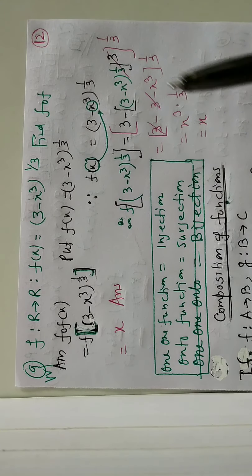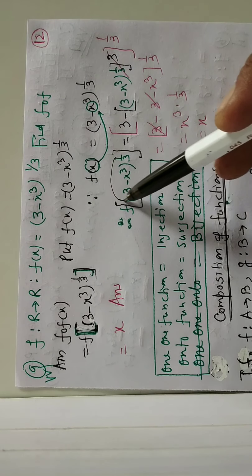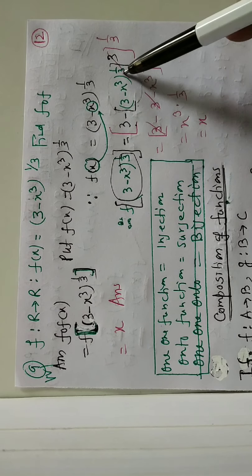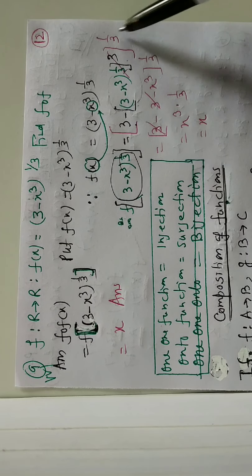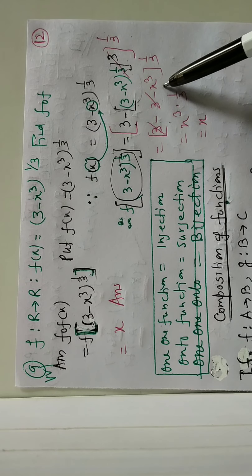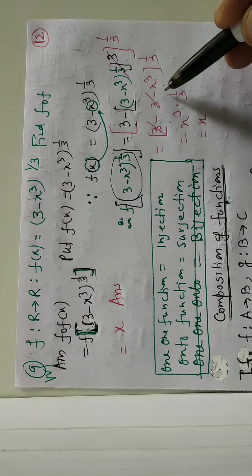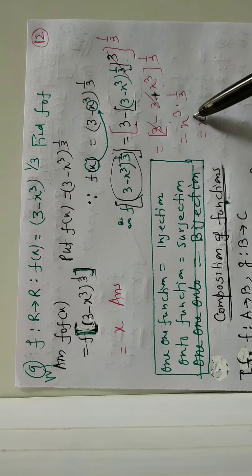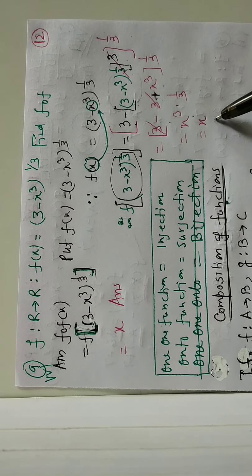For x we are taking this much, so 3 minus this much to the power 3, overall 1 by 3. This 3 cancelled, 3 cancelled. So this will be plus, so x cube to the power 1 by 3, x.